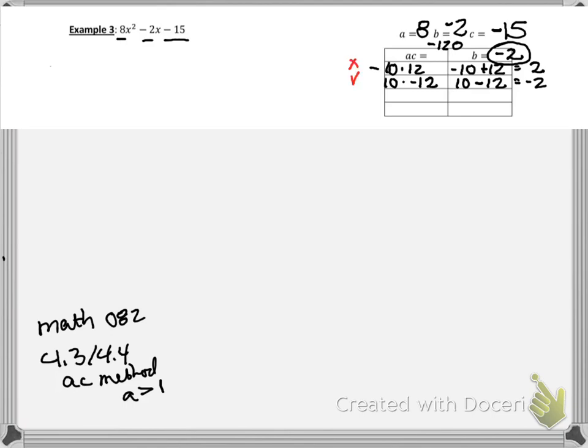So remember, in my previous videos, I mentioned when A is 1, we have this nice shortcut where we can write it like this, our factored form. But in this case, A is not 1, A is 8. So we cannot use this shortcut method. What we have to do instead is the longhand method, where we factor by grouping.